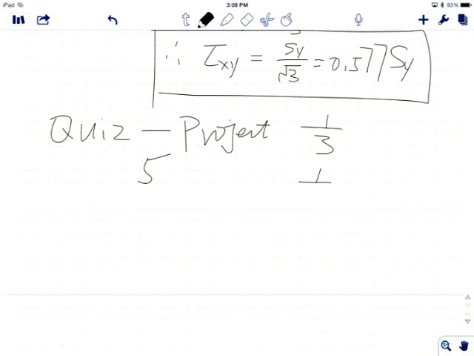The other 1/3 is still from your report, and the rest of the 1/3 is from your presentation. Any questions about this? No? All right. So we all agree, huh? After all, my main motivation is I'm trying to let everybody learn and keep you motivated in learning, not only in the classroom but also in the project.